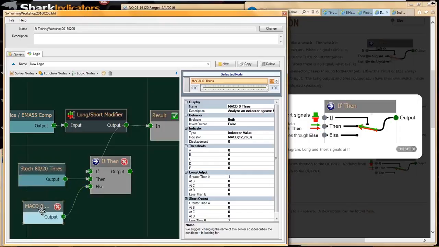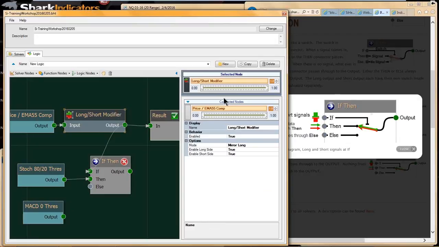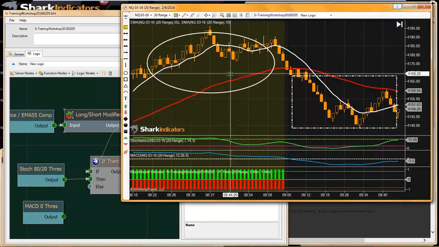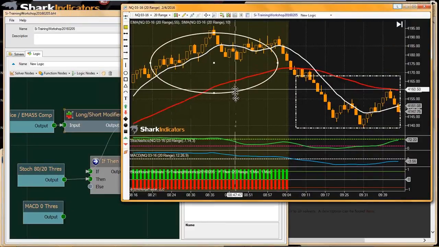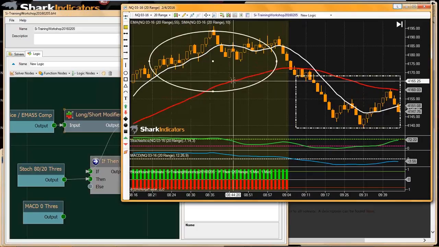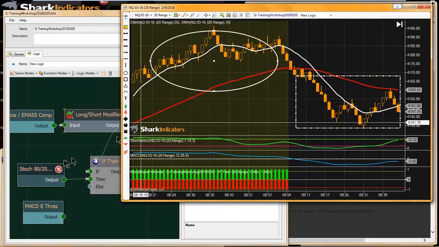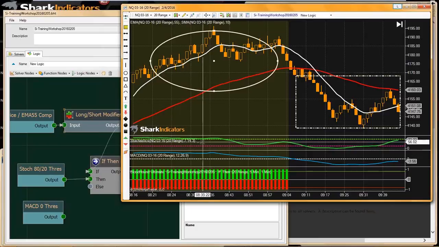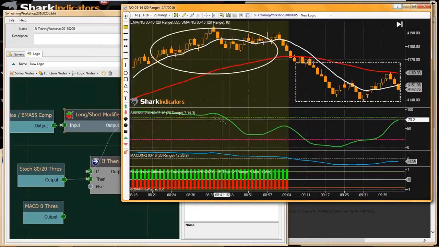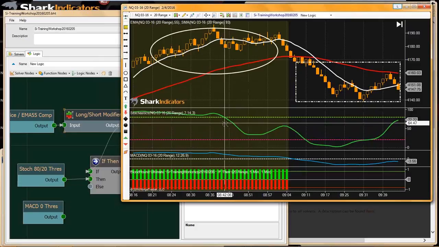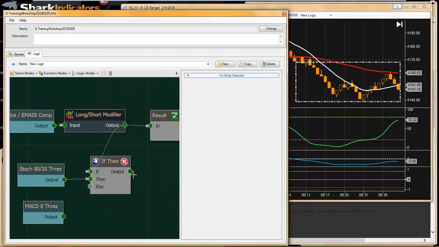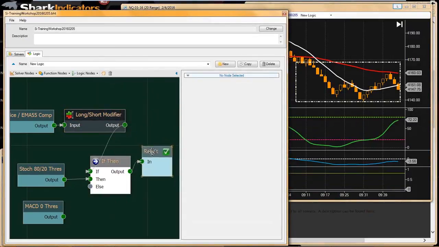So what's going to happen is when we're in an uptrend, when price is above our EMA, the stochastic overbought and oversold is going to pass through, is what we're going to see. That's connected up there. There we go.